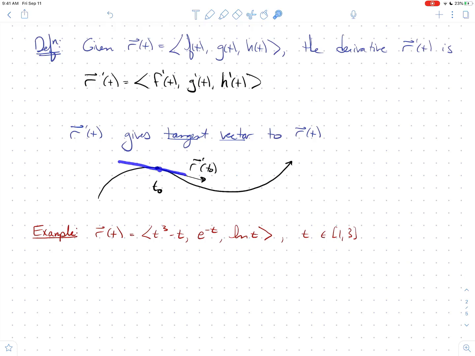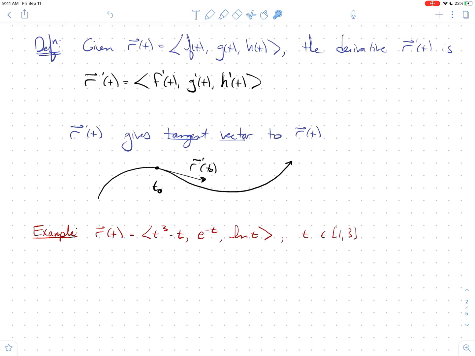So if you were to lay a tangent line on this curve, even though we're in space, we can still talk about tangent lines. And so quite literally, the derivative of a vector function gives you the tangent vector, or the direction vector of the tangent line to the curve at that point.